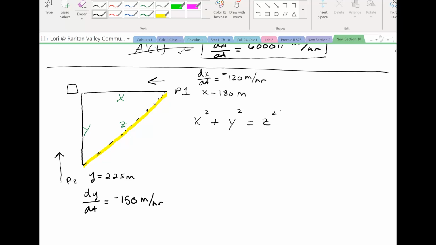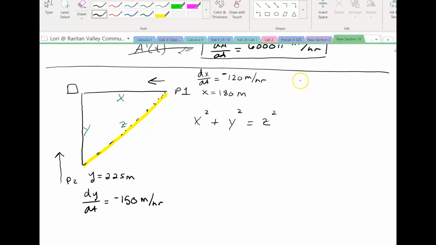You don't want to differentiate a constant. Well, if you do differentiate a constant, which you got to know is 0, but it's easier just to put its value in from the beginning. Unfortunately, there are no constants, so there's nothing we can get rid of right now. We have to keep x squared, y squared, and z squared. So let's go ahead and differentiate and see what we have.